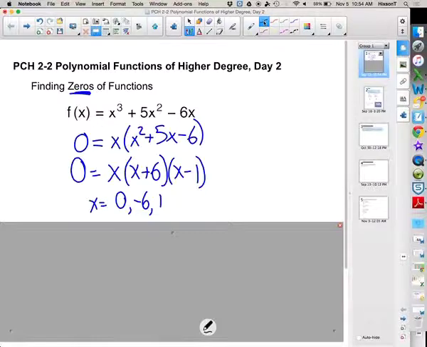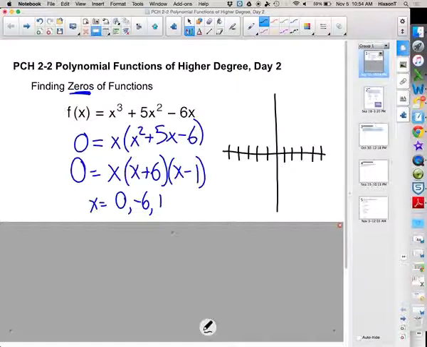So, if I were to try to sketch this, the first thing that I would do is plot my zeros on the x-axis, because remember, zeros translate into x-intercepts. So I have one at 0, I have one at negative 6, and I have one at positive 1.